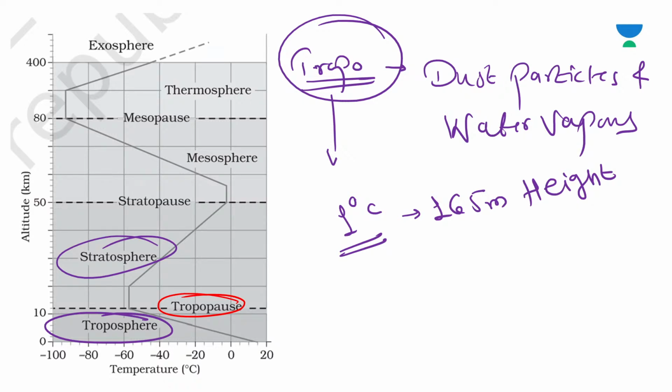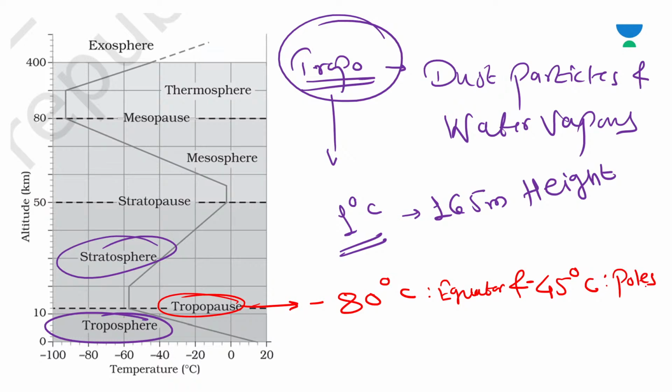Now, the zone which separates the troposphere and stratosphere is known as the tropopause, and the air temperature at the tropopause is about minus 80 degrees Celsius over the equator and about minus 45 degrees Celsius over the poles.